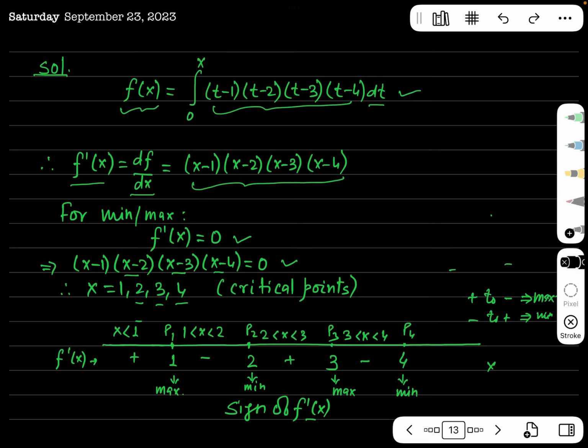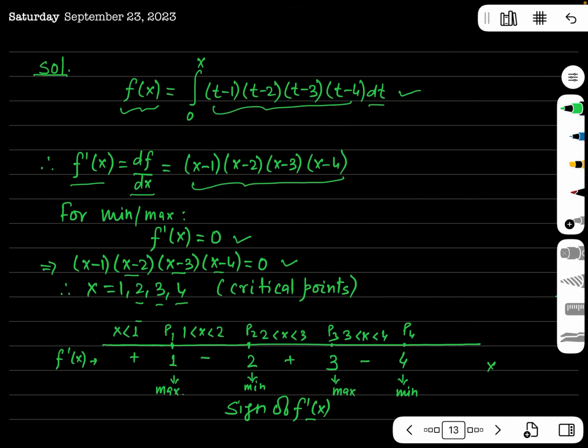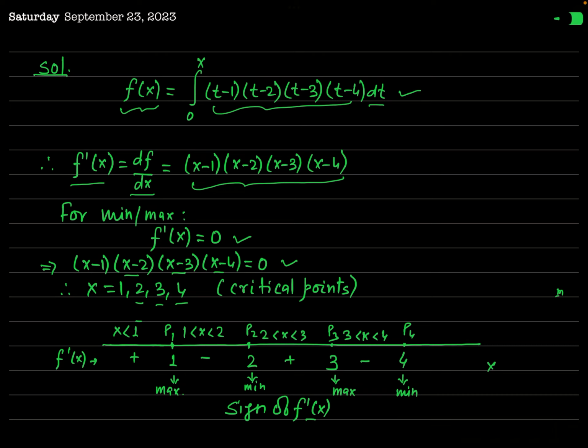X minus 2 will also be negative. X minus 3 will also be negative. X minus 4 will also be negative. It means all the 4 factors, that is x minus 1, x minus 2, x minus 3 and x minus 4, will be negative when we take x smaller than 1.